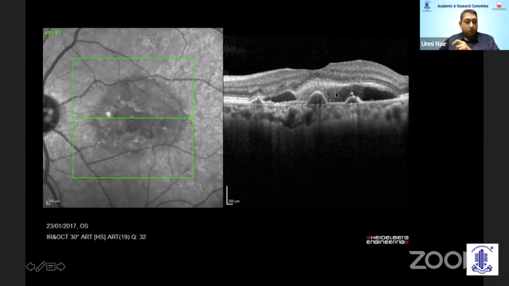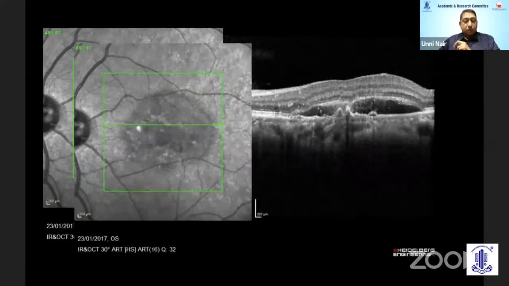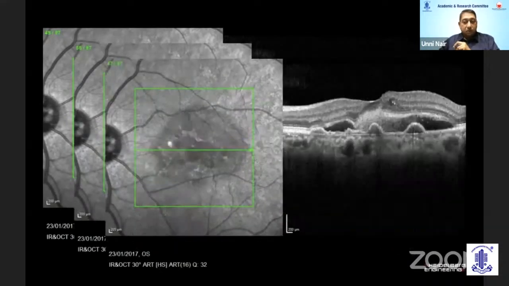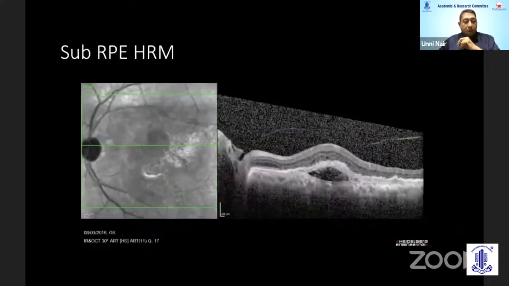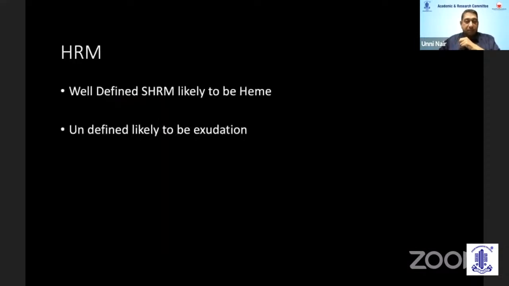We'll come to the importance of all these later. Here you can see different cuts showing the nature of it. You cannot make out the borders clearly, and this is undefined. When you see the material in the sub-RPE space that is exclusively removed after treatment, you call it a sub-RPE HRM, which is a kind of variant of the hyperreflective material.